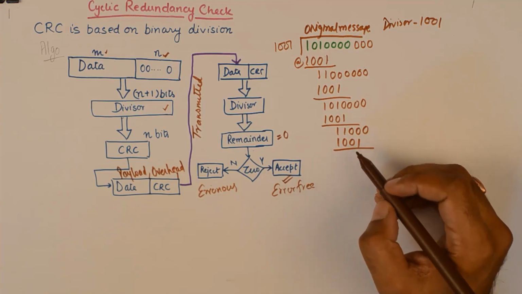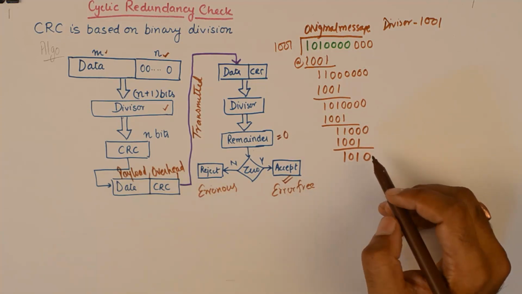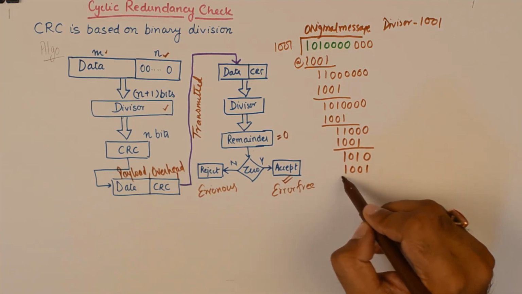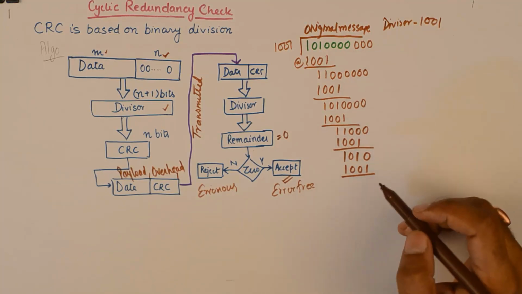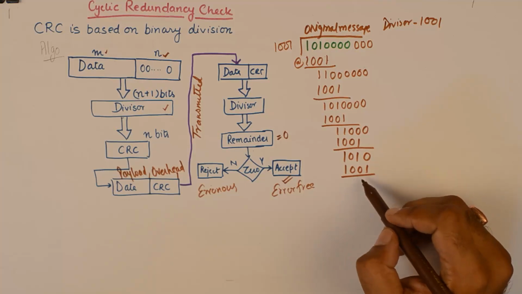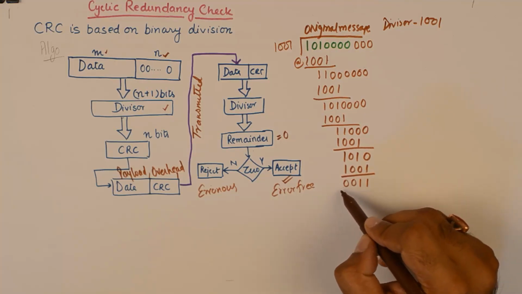I get 1 0 1 0, and I do an XOR again, and all my digits are consumed, so I'm left with 0 0 1 1.